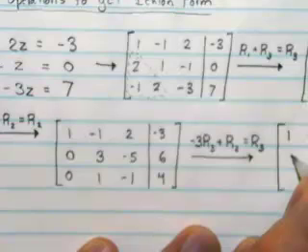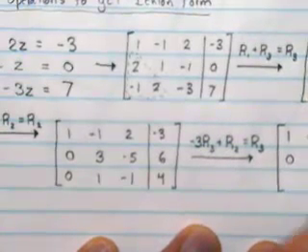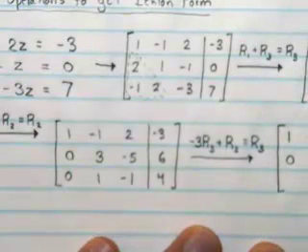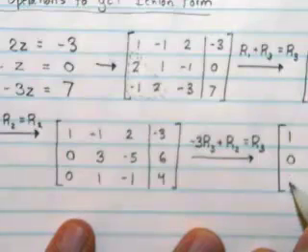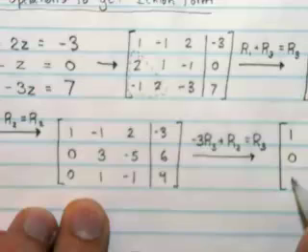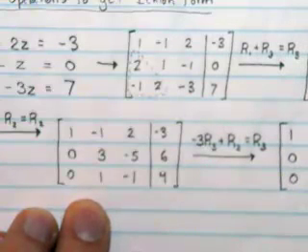And so row 2 does not change, right? 0, 3, negative 5, 6. All right, so this last row. Just to make sure I'm good, negative 3 times 0 plus 0. So again, we're keeping that 0.